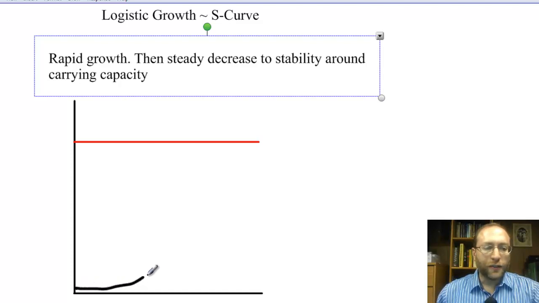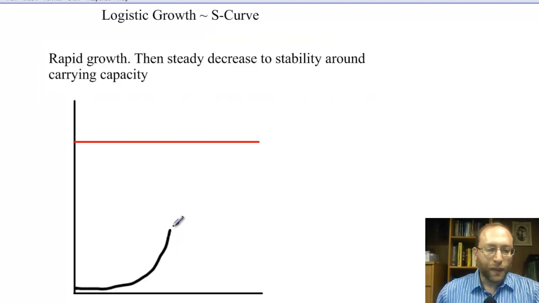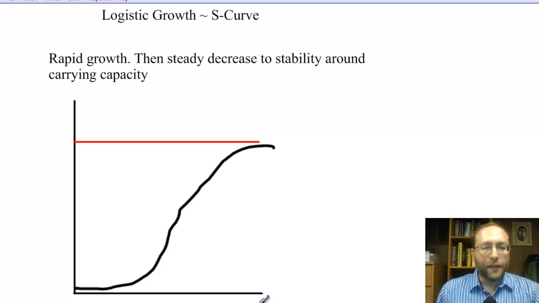It starts off looking just like an exponential curve, like an S curve. But then what happens is it slows down, and then it goes up to carrying capacity, and it stays at carrying capacity, and it stabilizes there.